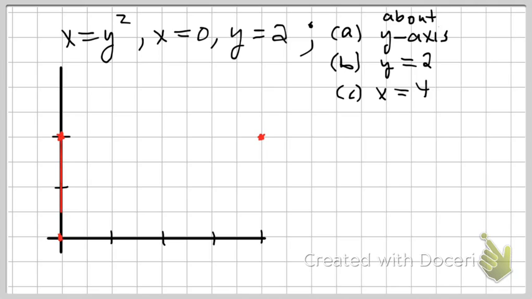X equals 0 is vertical. Y equals 2 is horizontal. And what does x equals y squared look like? It's a parabola on its side, right? Now I'm only using the top half because the other half is not connecting to our region. All right. Now let's explore these different axes of revolution.